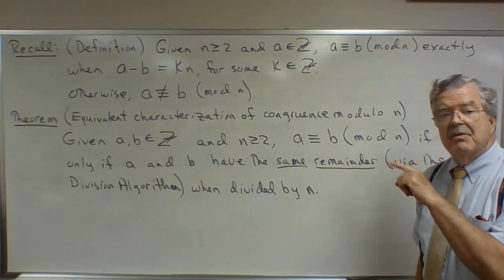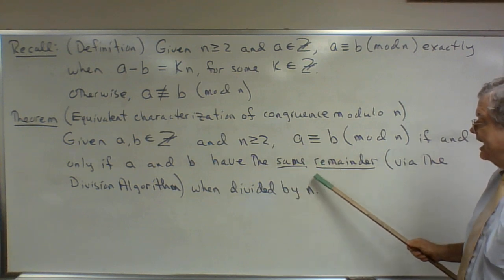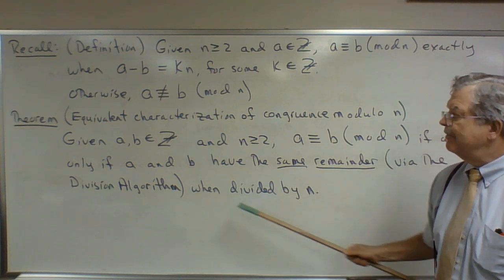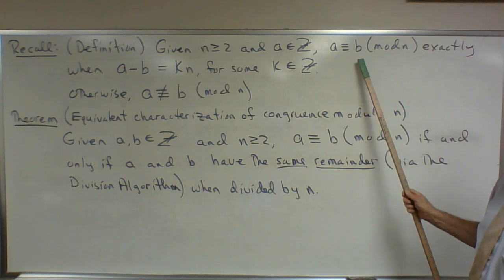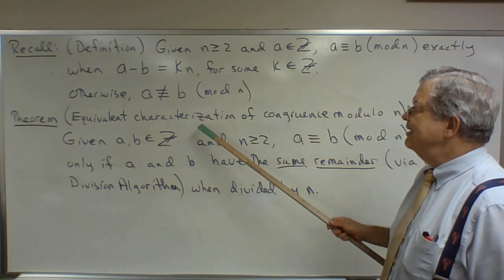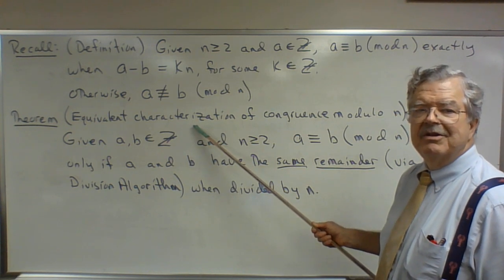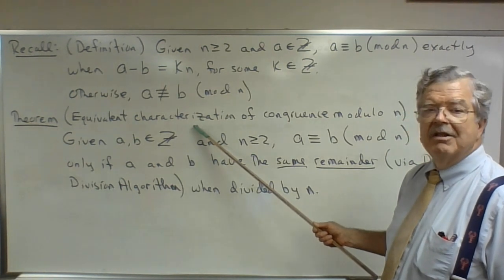And it goes the other way. If a and b have the same remainder when divided by n using the division algorithm, that means that a and b are congruent modulo n. So this is often a convenient characterization to use if we're doing proofs involving modulo arithmetic.